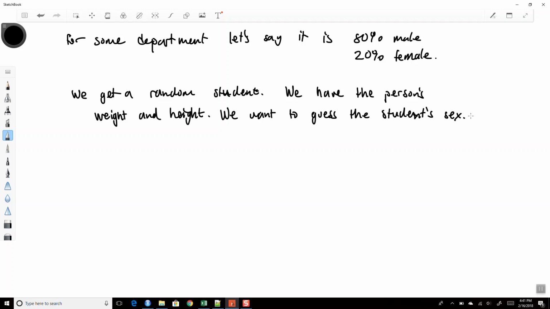So based on our training data, we create our different class conditionals.